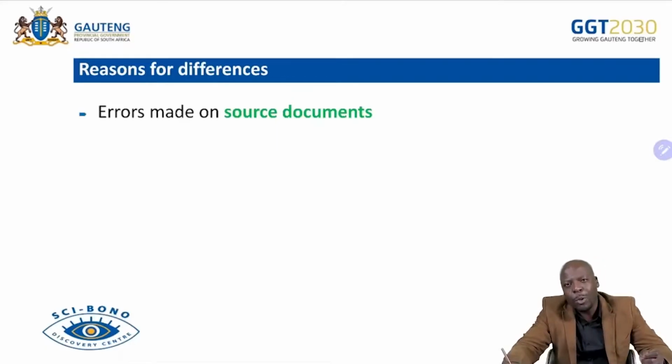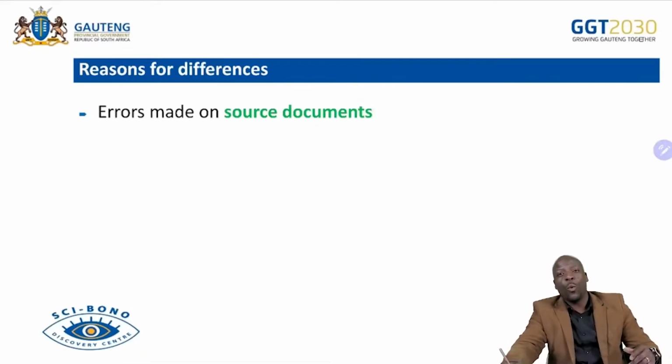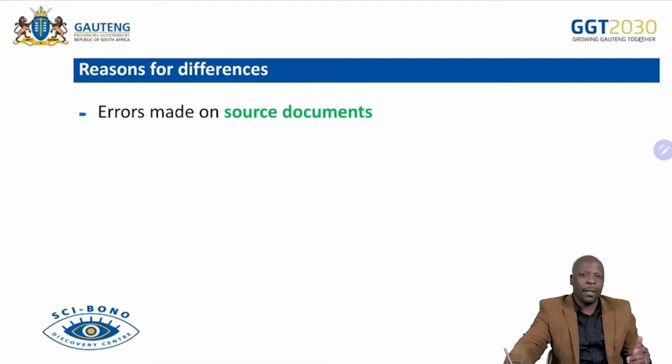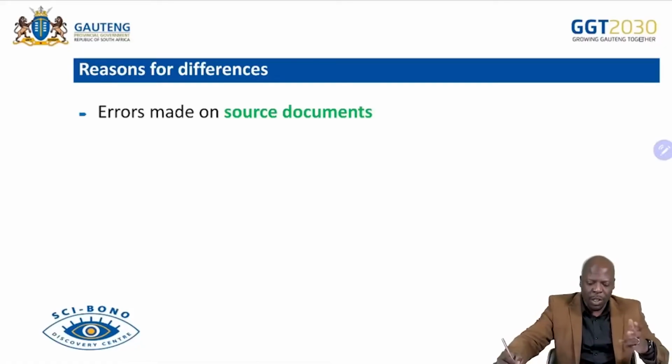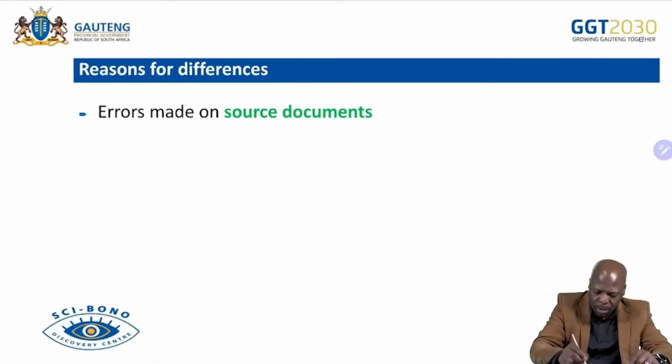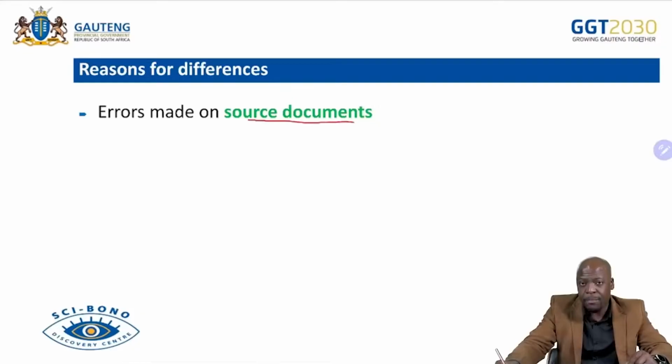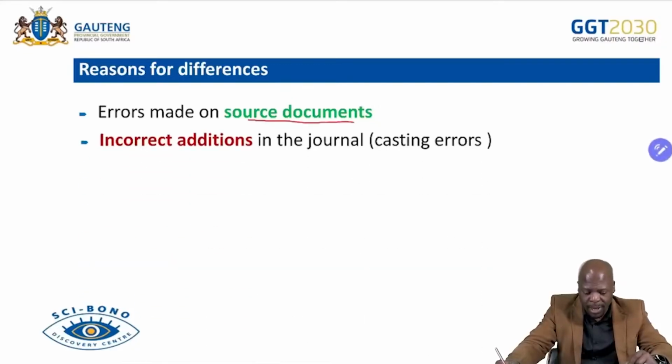Remember, we're going to talk about source documents. Once there are errors on the source documents, when we record a source document which has an error, our amounts are not going to agree. So there can be errors which are made on the source document. We're going to spend much time on the source documents. It is very important in today's lesson.